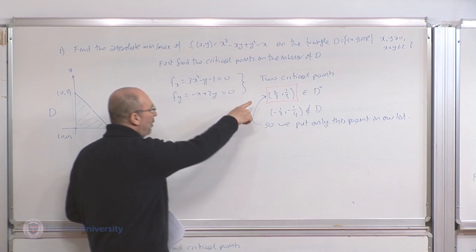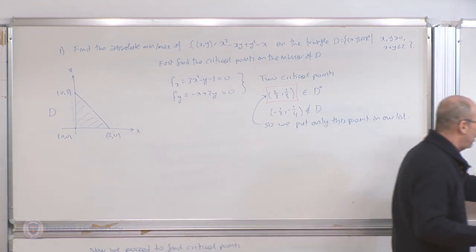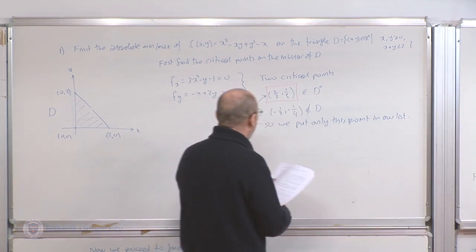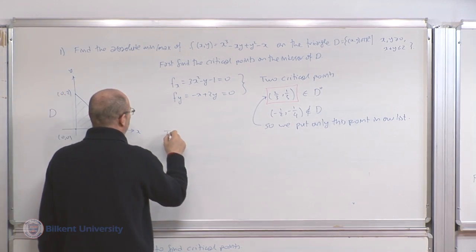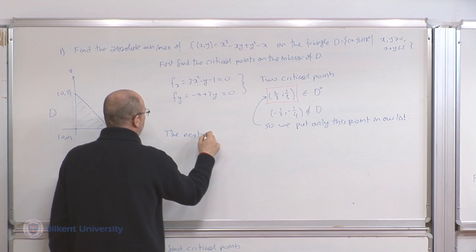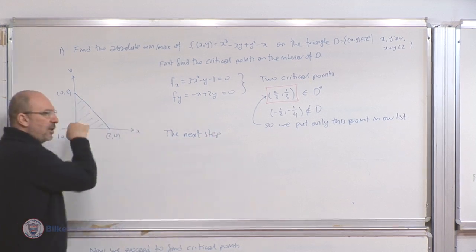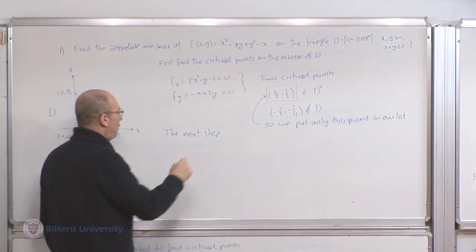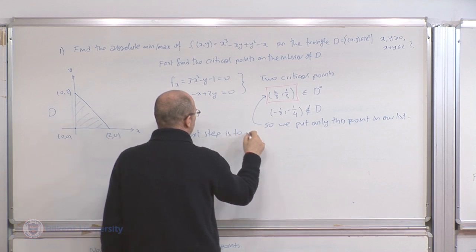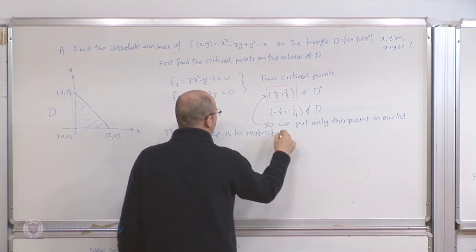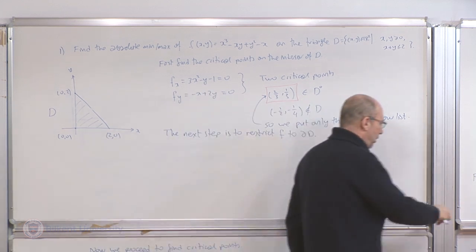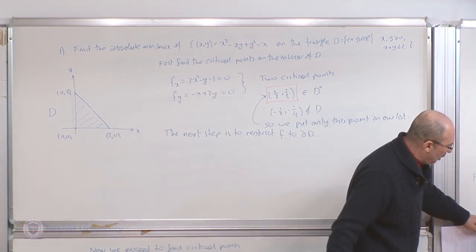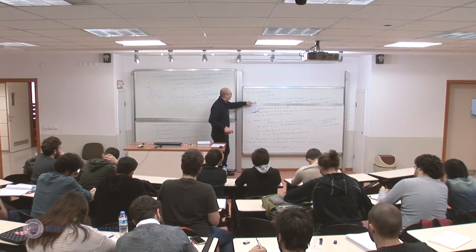Okay, so now we put this, and later we'll evaluate the function there. So the next step is to restrict F to the boundary of D. Okay, there are several pieces on the boundary.